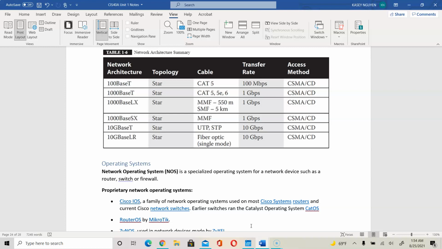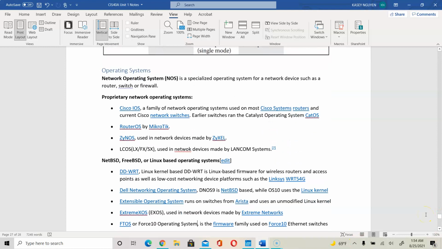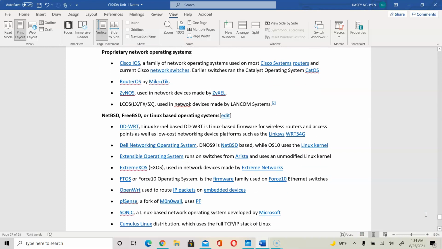It could also be your Cisco iOS or Router OS, depending on the appliance that you use there. And then you also have FreeBSD, Linux based, and customized based on specific purpose of your network devices.